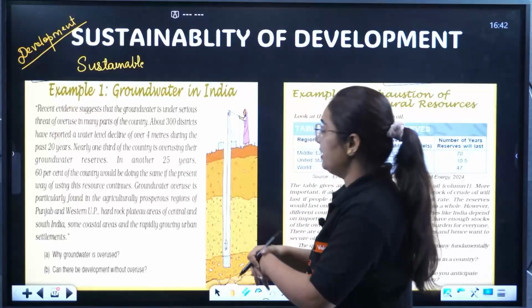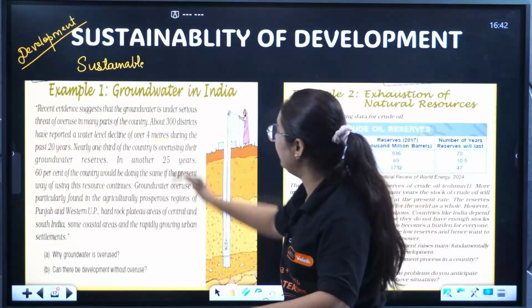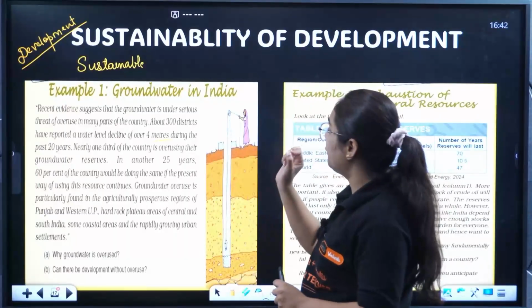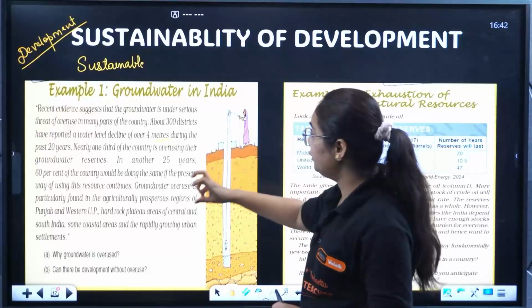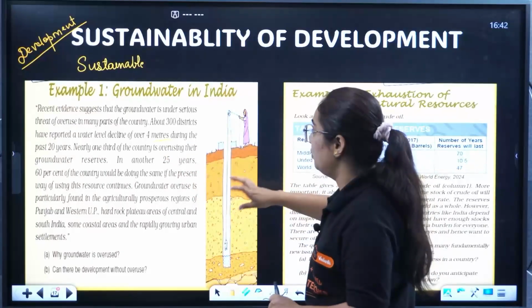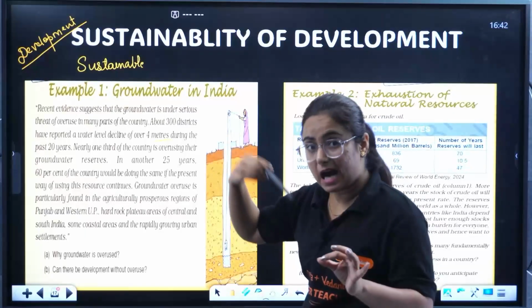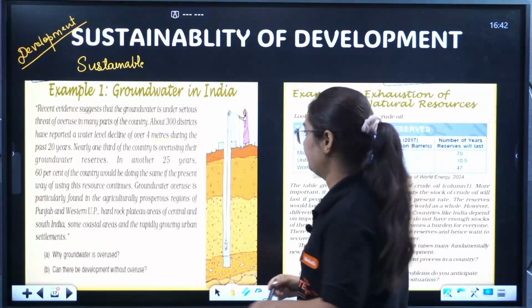About 300 districts had reported a water level decline of over 4 meters during the past 20 years. Nearly one-third of the country is overusing groundwater resources. In another 25 years, 60% of the country will be doing the same. Right now only one-third is doing it, and after some time it will be like 60% overusing the water.